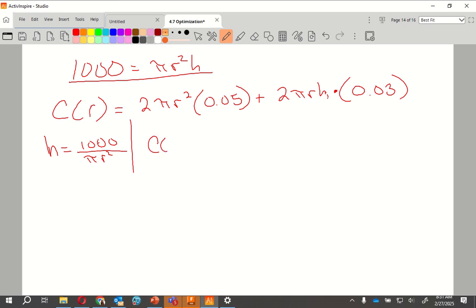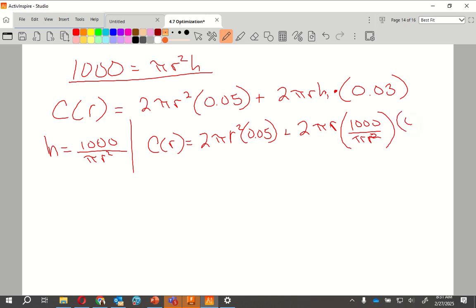So let's go ahead and rearrange it now. My cost in terms of r is going to be 2 pi r squared, and this is going to be like that.